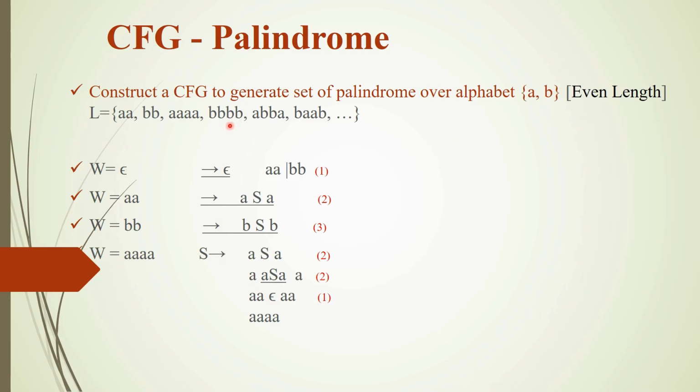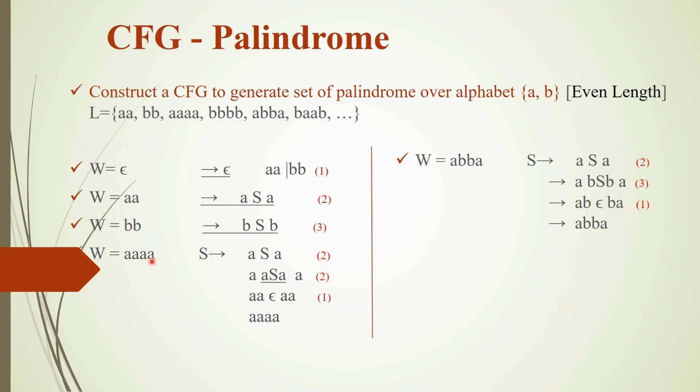Now let's discuss the next one, which is four times b. For generating four times b, we use the third expression continuously, just as we used the second expression for the previous one. I hope you understand this. Then the next one is abba, where w stands for a string. For abba, I use the second expression as the initial one, because I want to generate a at the ends.